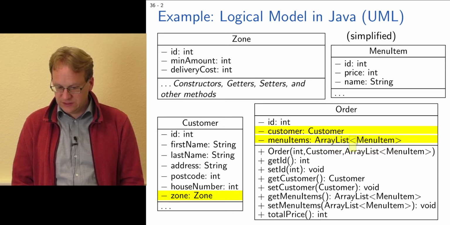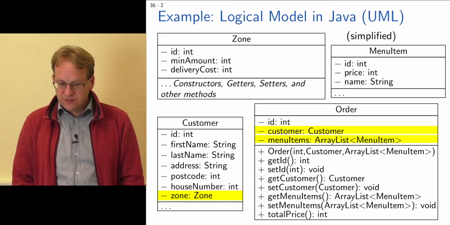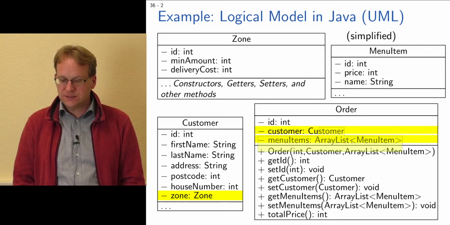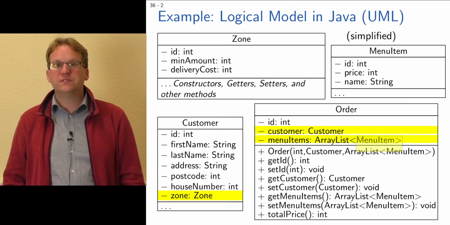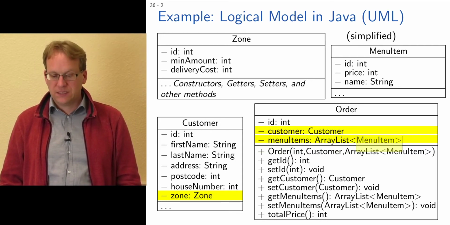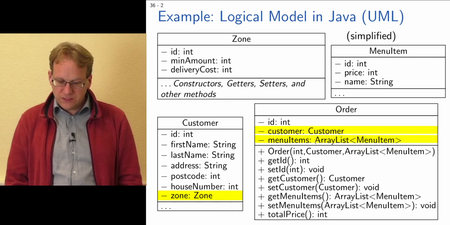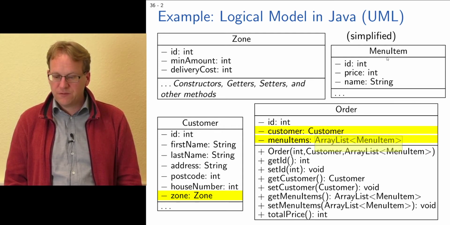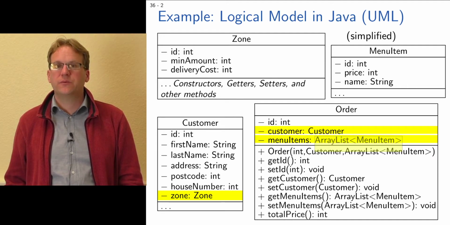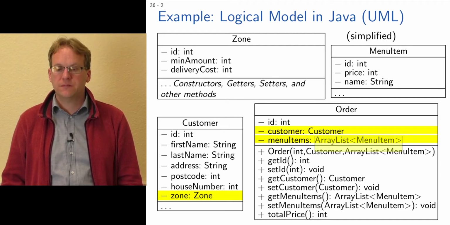That is what you can see here in these brackets. So the type of our menu items attribute is array list of menu item, meaning it's an array list to store menu items. And that means for every order made by some customer, we store an array list of type menu item to keep the information about which menu items were ordered with that order.